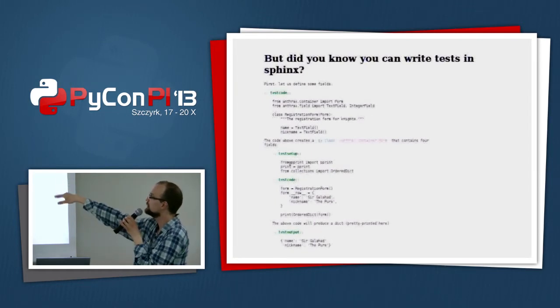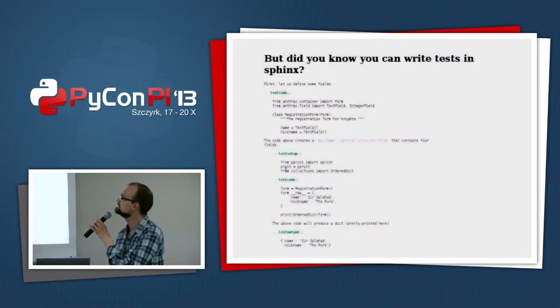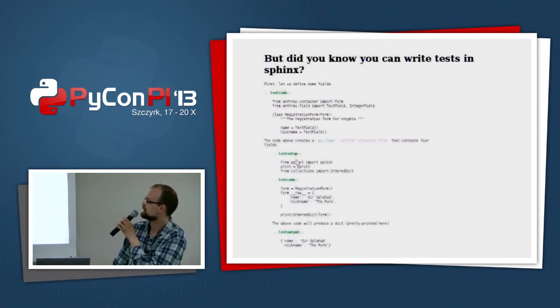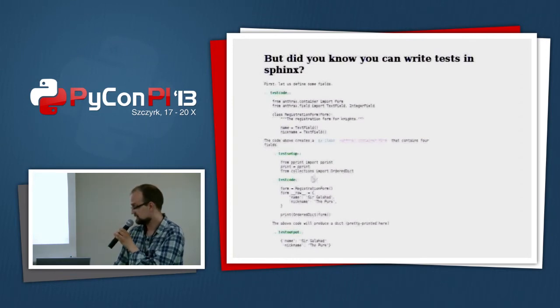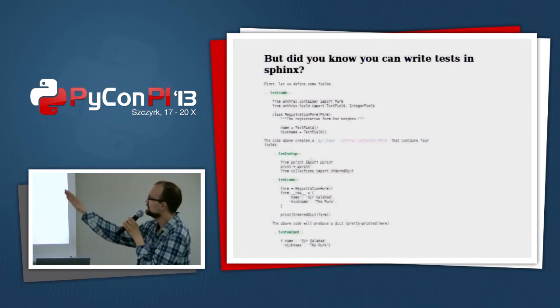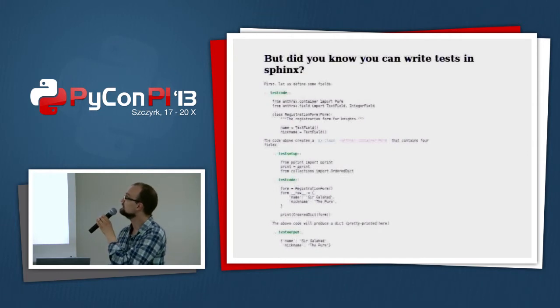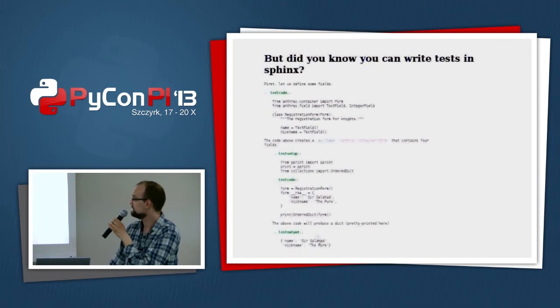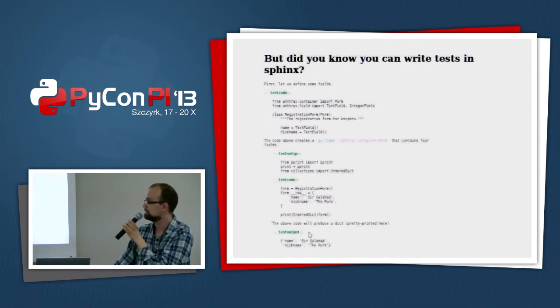We don't want him to see this trick that we used, pretty print here, because it isn't part of the test case. We don't want this import, because everyone knows what order did this. So this thing would be hidden. These things would be shown, and of course this thing as well.